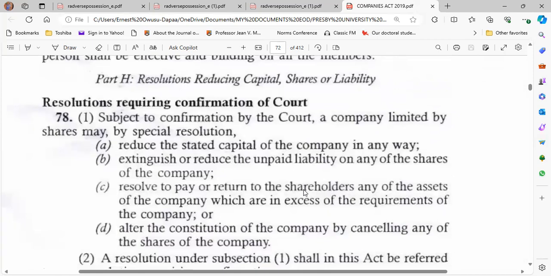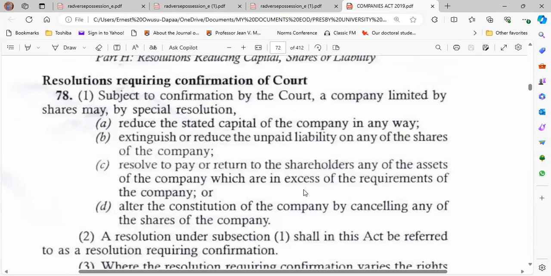Good. So, resolutions reducing capital, shares or liabilities, that's Part H of Act 992. And as we indicated, if you want to reduce stated capital, apart from an unlimited company, which is permitted under Section 69 to pass an ordinary resolution and achieve that, a company limited by shares must comply strictly with the regime from Section 78 to 82.